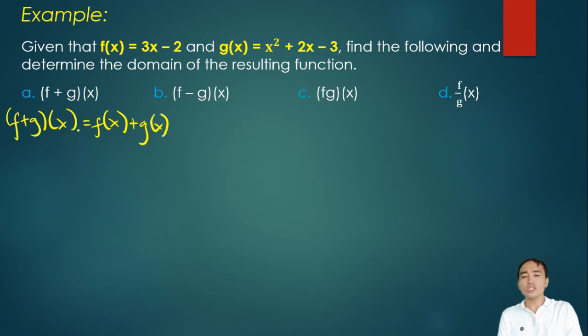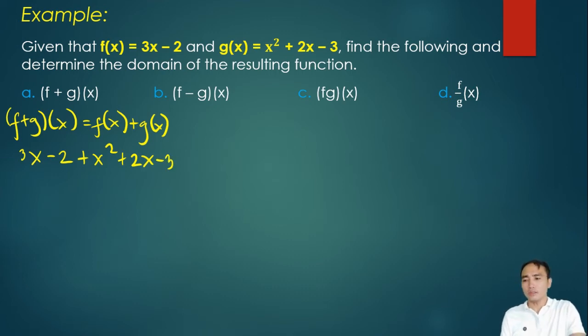So we're going to combine the two functions. Our f of x is equal to 3x minus 2 plus our g of x, x squared plus 2x minus 3. Next, combine like terms. So that will be x squared, then combine 3x and 2x because they both have the variable x.